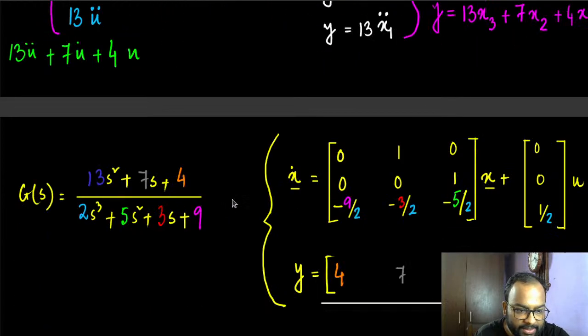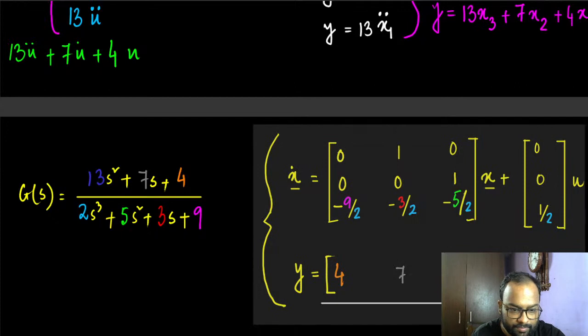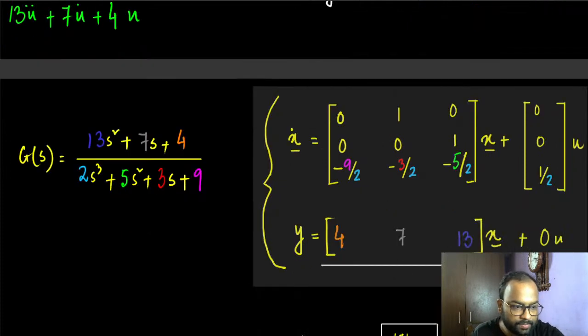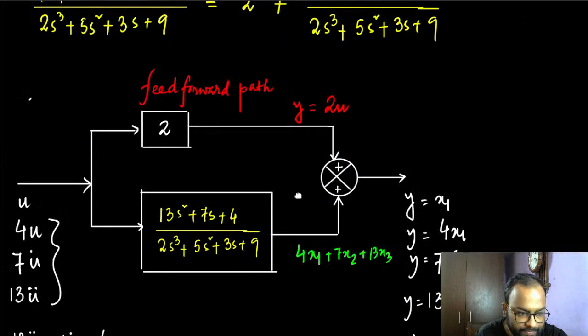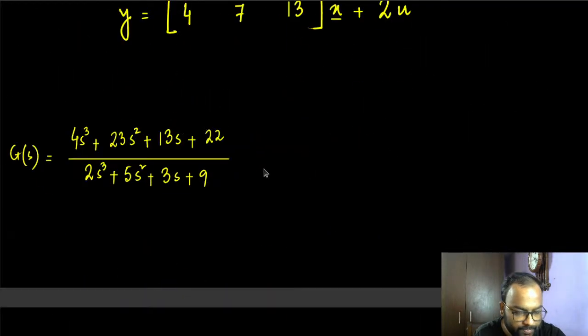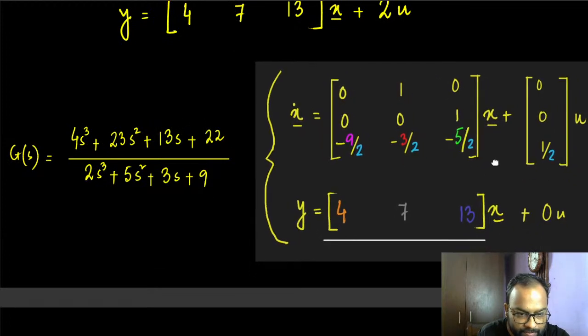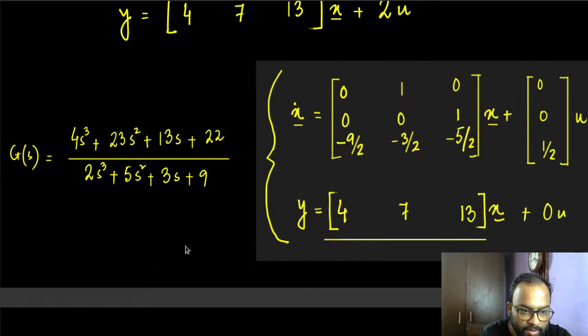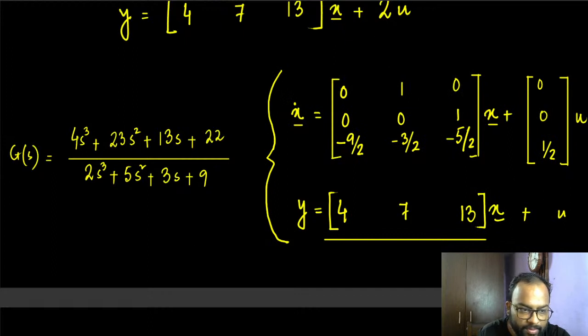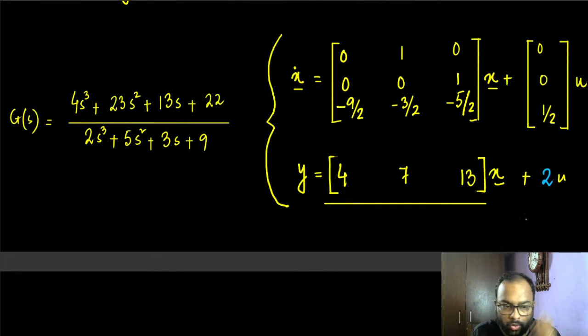And let me just bring this one here. This was for this, okay, 13, 7, 4 here for this one. All right. And this is just gonna be 2. So I don't have a 0 here.